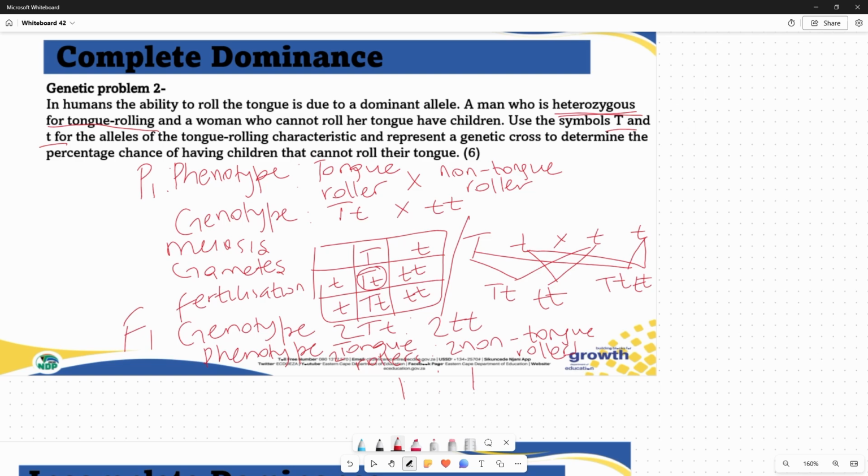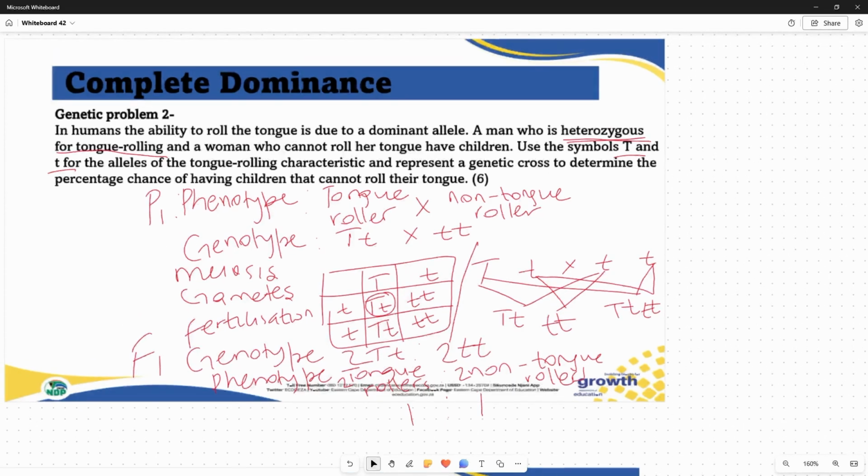Now, can we look if we have answered the question fully? What was the question requiring of us? The question said that we should use symbols T and t for the alleles of the tongue rolling characteristic and represent a genetic cross to determine the percentage chance of having children that cannot roll their tongue. So it means we have not fully answered the question because there will be one compulsory mark that is for percentage chance.